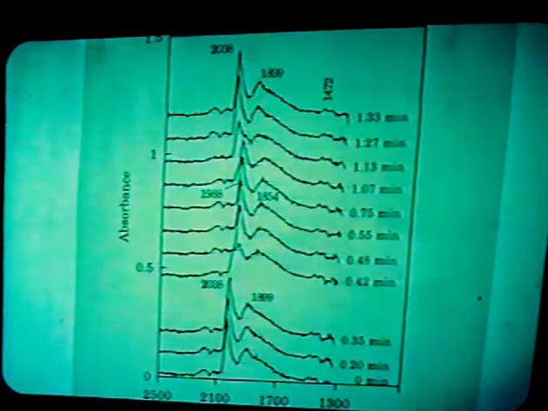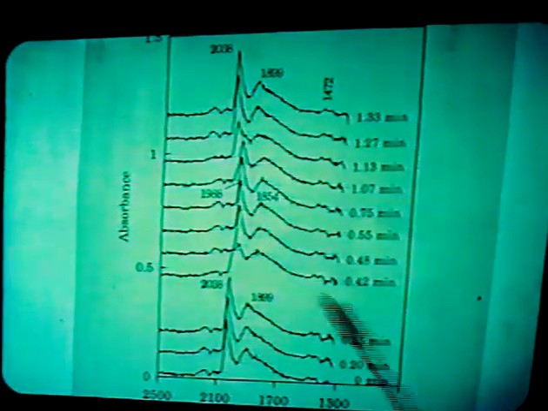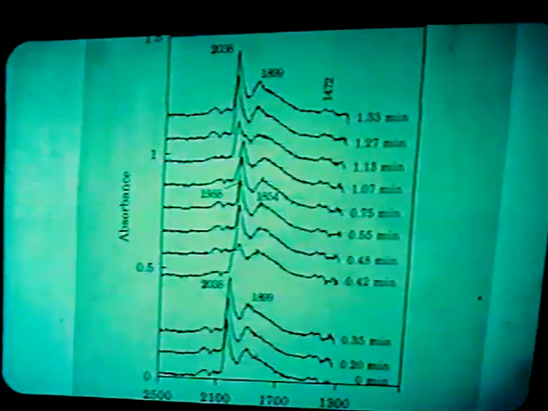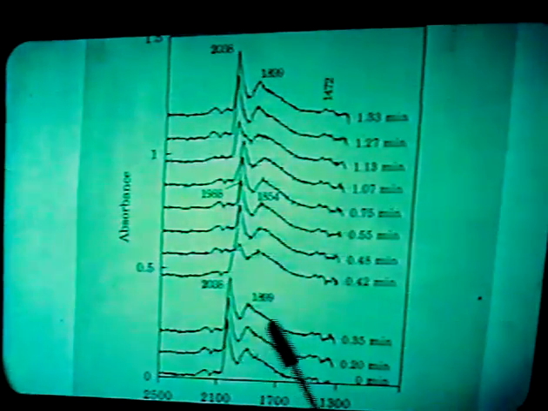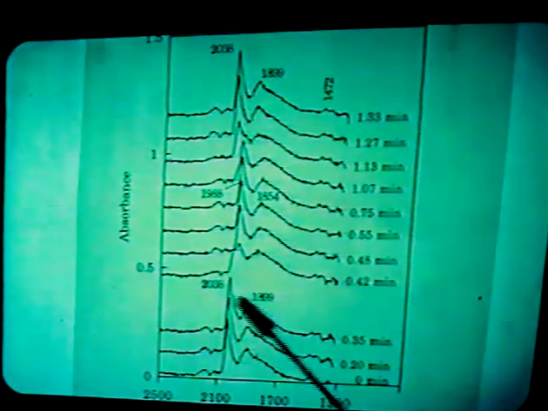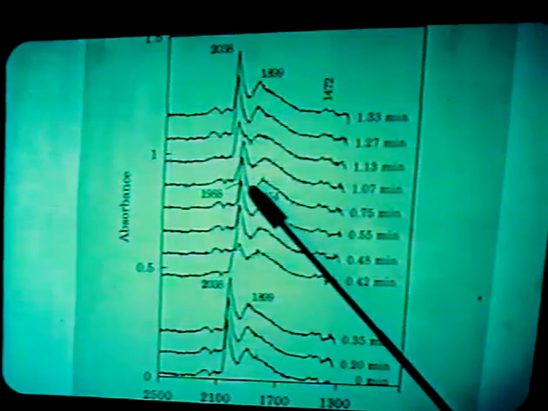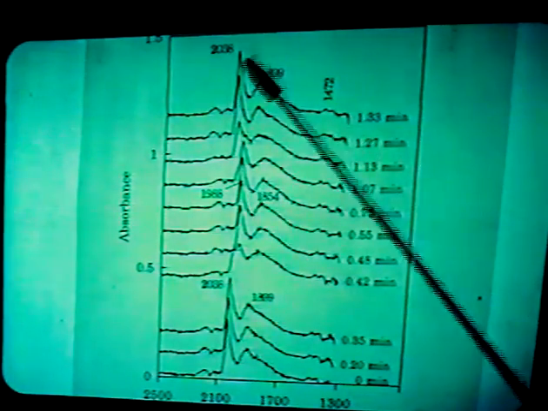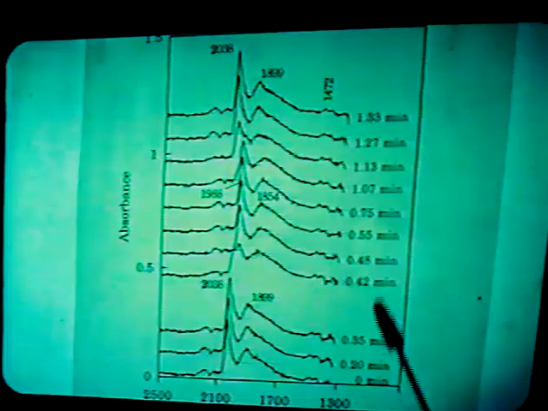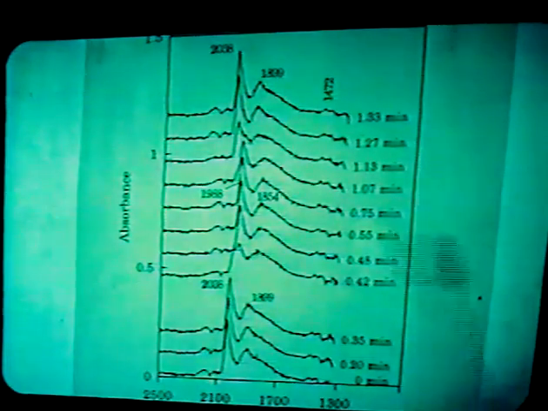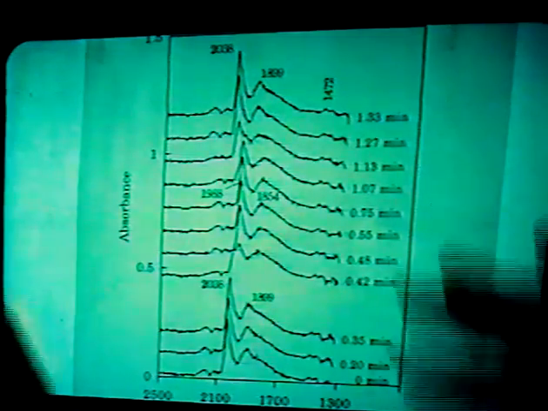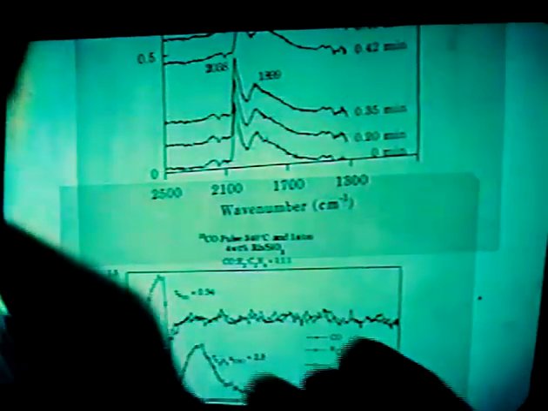C13 is heavier than C12, so it gives a lower vibration frequency. Then again it was replaced. As you can see, initially we have C12O, then we get C13O on the surface, then again we have C12O. The time scale for this switch is exactly the same as the time scale we observed for this case here.